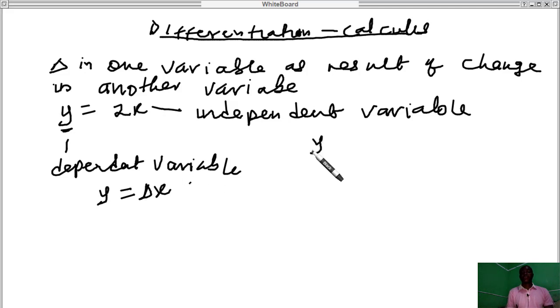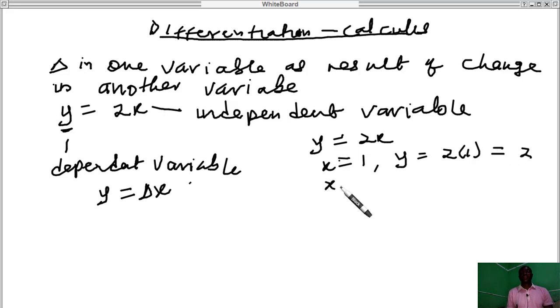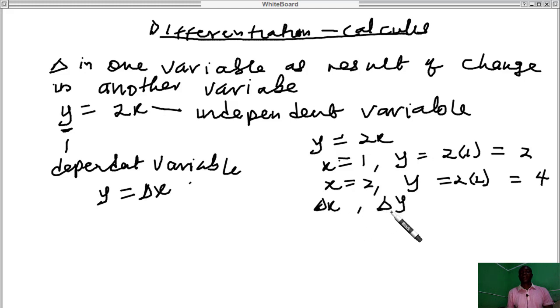So let's take for example y is equal to 2x. If x is equal to 1, our y will be equal to 2 times 1, which will give us 2. Now when x is 2, our y will be 2 times 2, which will give us 4. So when there is a change in x, there is a corresponding change in y.